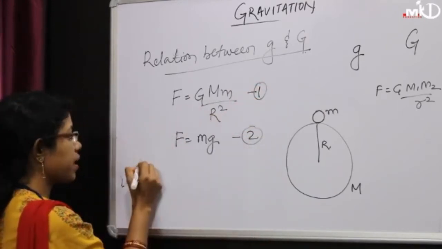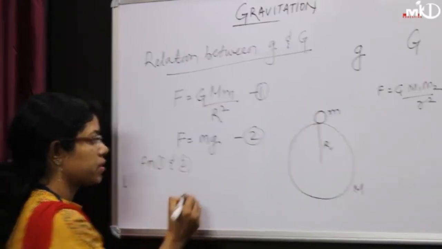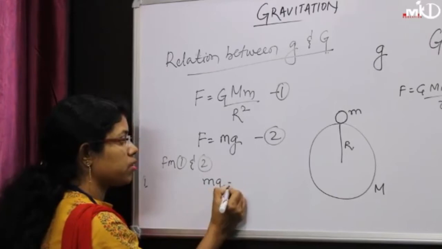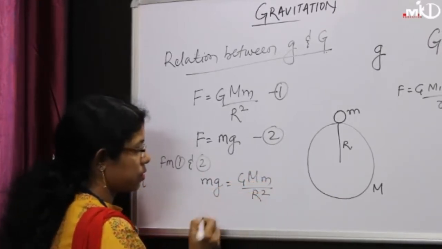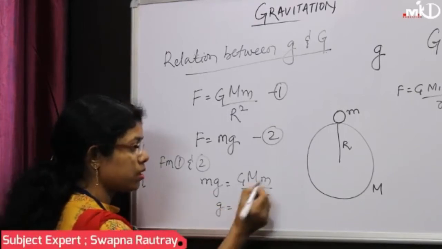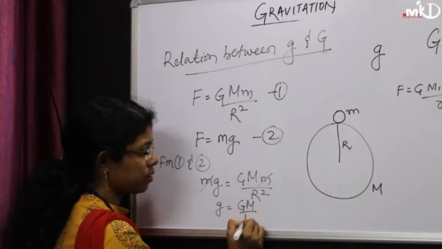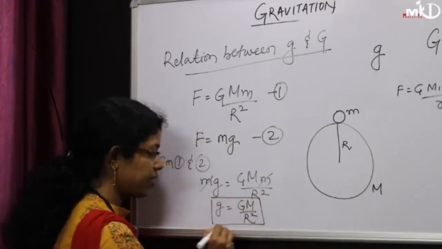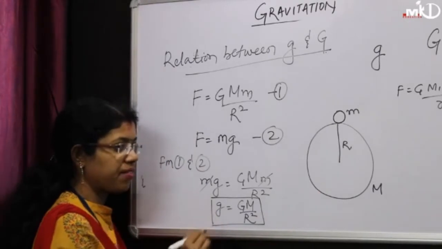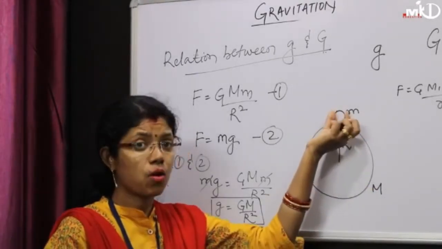From equation 1 and 2, mg is equal to G M m upon r square. So g is equal to G M upon r square, as small m gets cancelled. So you can see that the acceleration due to gravity depends upon the mass of the Earth, not the smaller body.